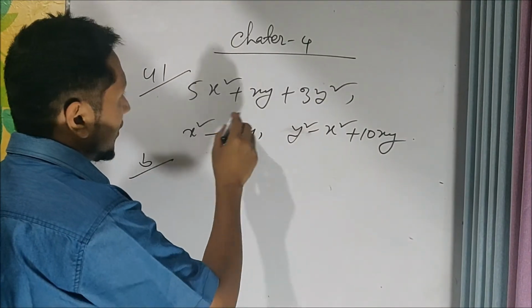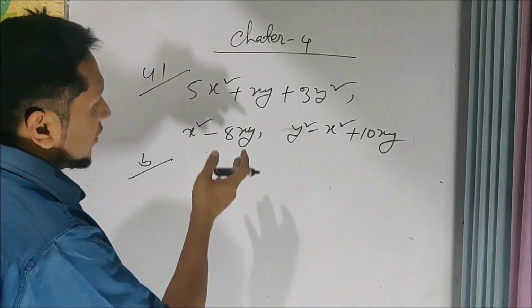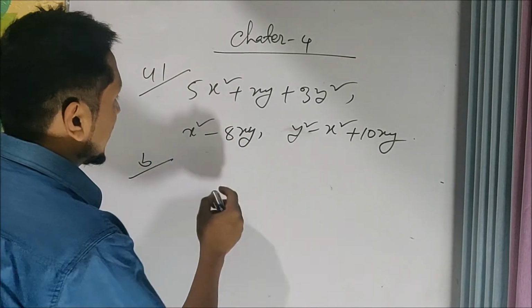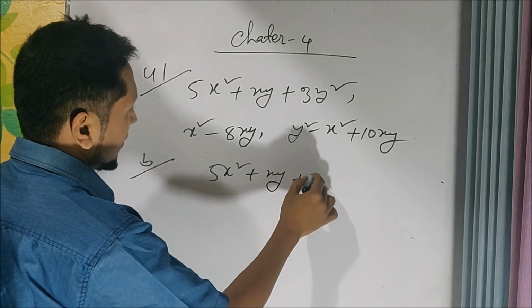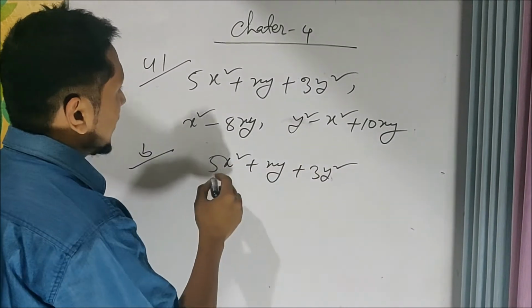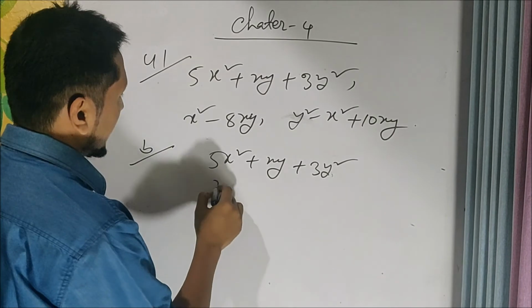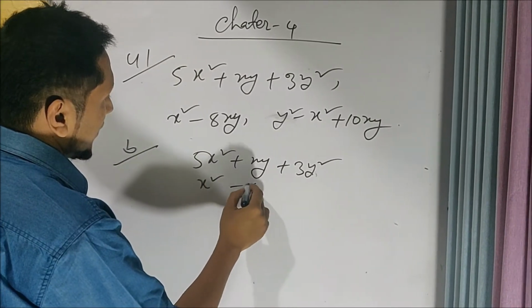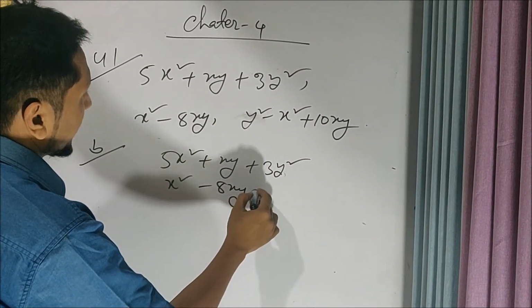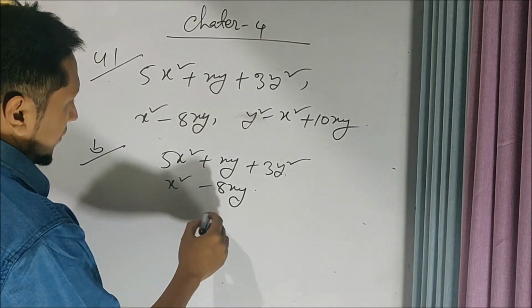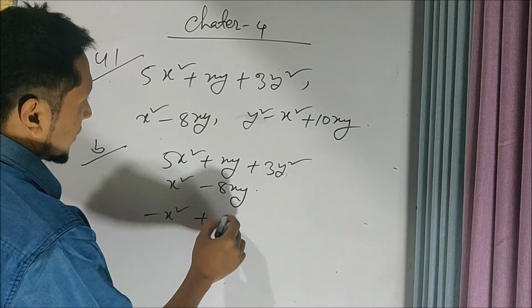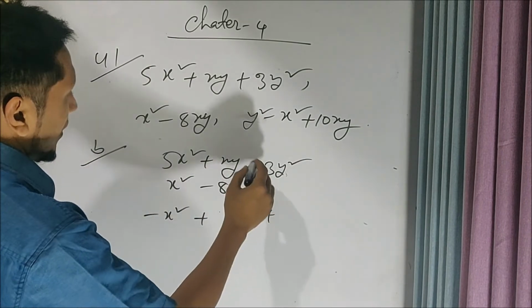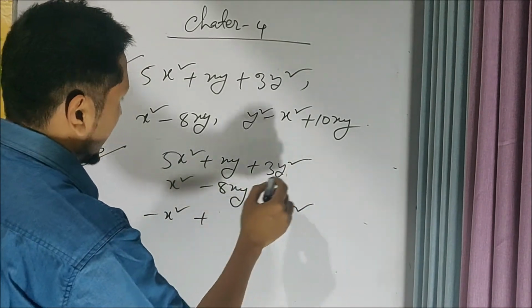So if we write the 3 expressions one below the other, we will get 5x square plus xy plus 3y square, the second expression is x square minus 8xy, and the third expression is minus x square plus y square plus 10xy.